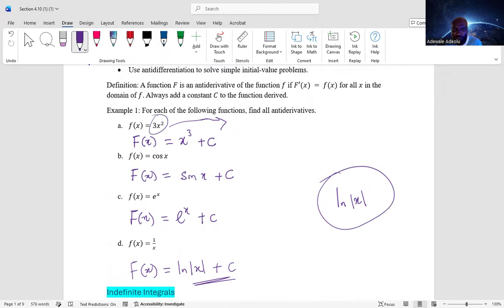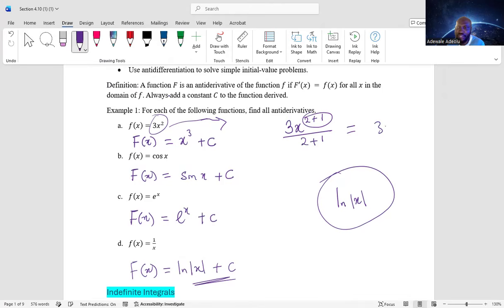We did not know how to get there, but it was easy to find. What you did was add 1 to that power, and whatever the result in the power, you divided everything by that new power.